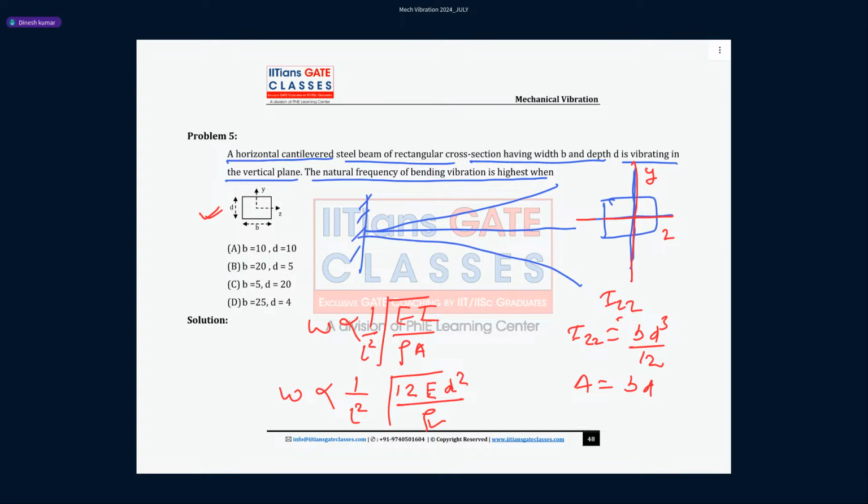In this problem, length is the same, material is the same, only the cross section is changing, right? So that means your omega is proportional to what? Depth, right? Omega is proportional to D. Yes or no?